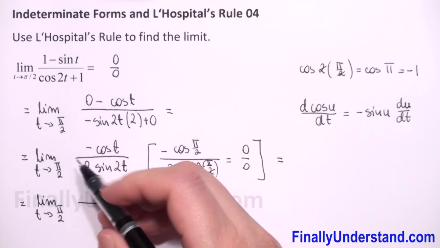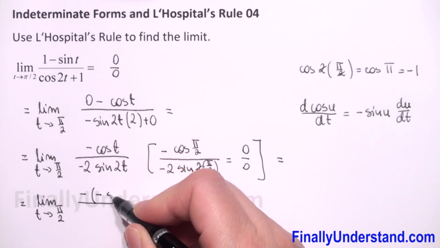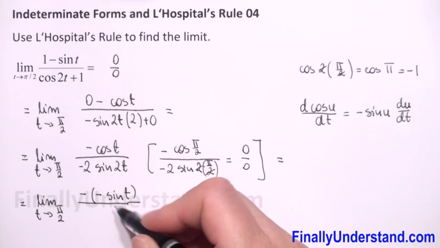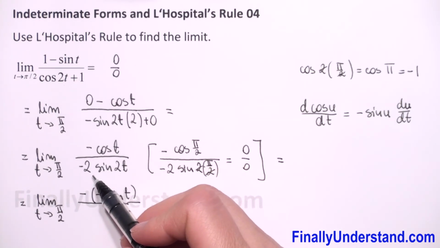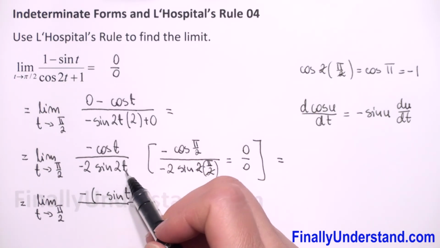We have to copy this negative, and we have negative sine again, sine of t. And in the denominator we have negative 2 times sine of 2t.